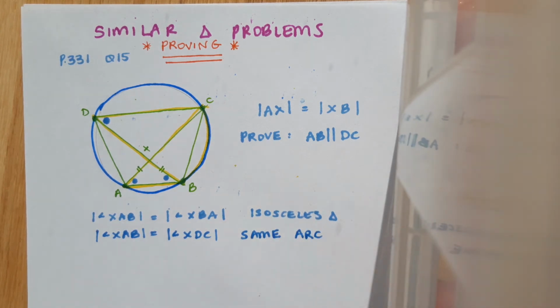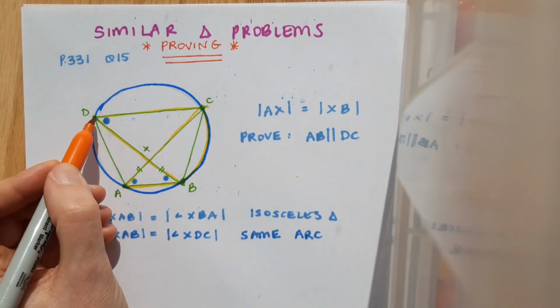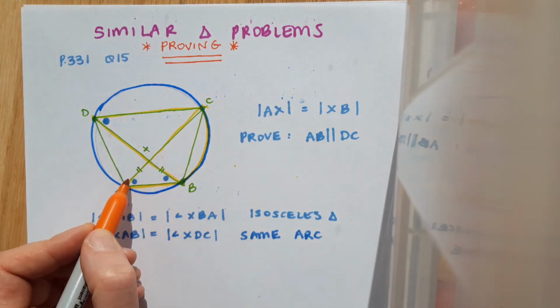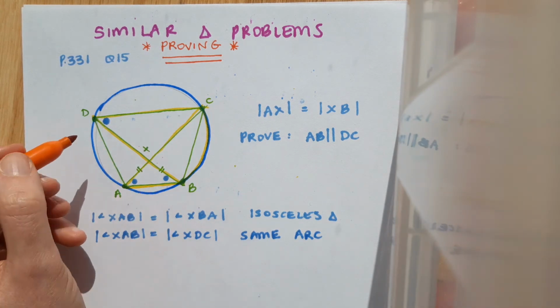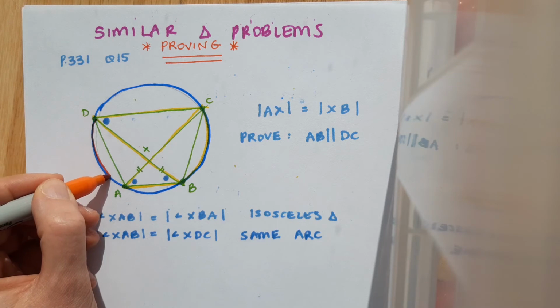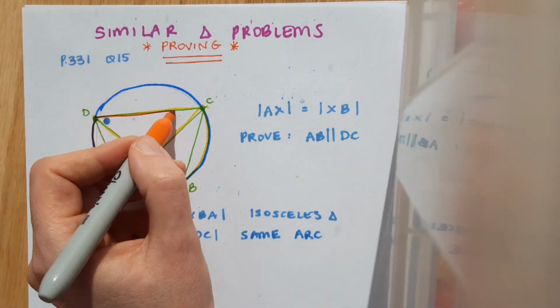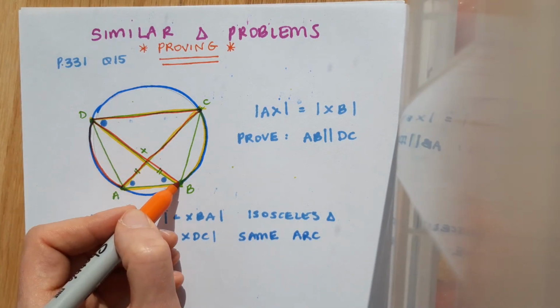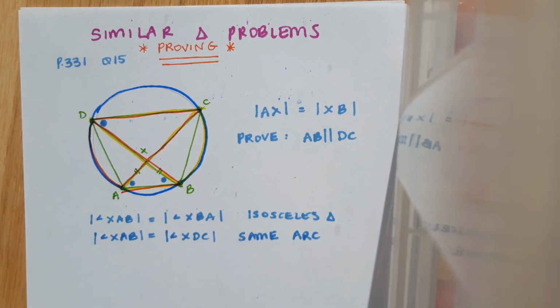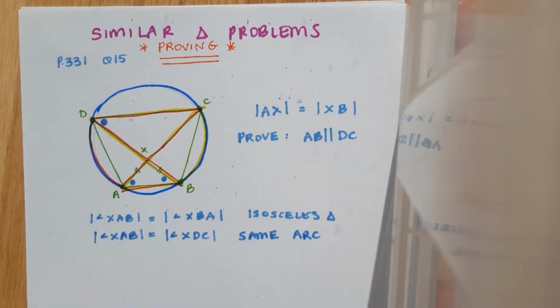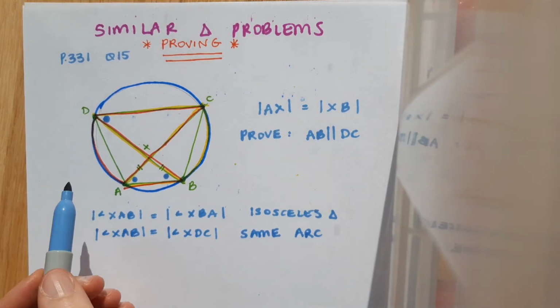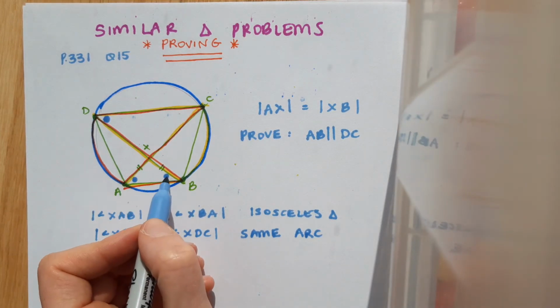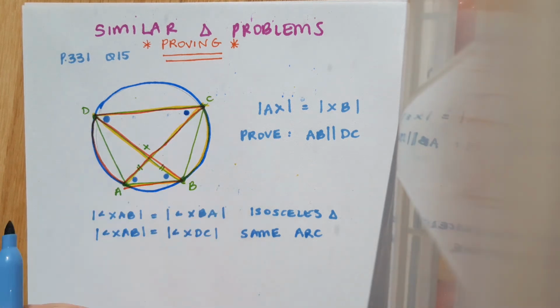Now, I can do that from the other direction as well. So I can also see that this angle here stands on the same arc as this angle here. I'm going to draw that in. There's my arc, and this angle here stands on that arc, and so does this angle here. So I can say in that case that the angle in this position and the angle in this position must be equal in size.